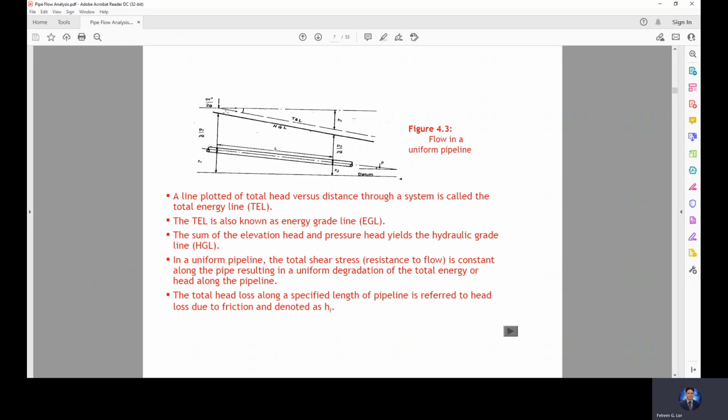This is the hydraulic grade line. This one accounts for the head loss. This is the total energy line.